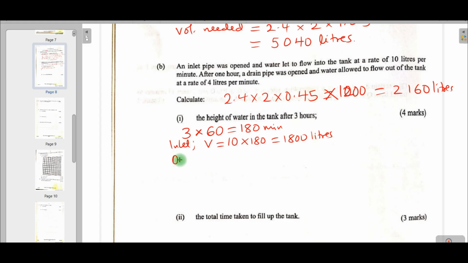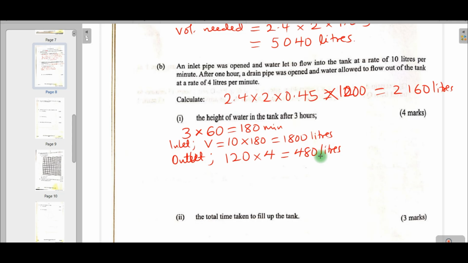So for the outlet, which took 2 hours, and 2 hours is the same as 120 minutes, so 120 minutes times the rate at which it is flowing, 4 liters per minute, so times 4. So after 2 hours, the outlet pipe will have let 480 liters out of the tank.